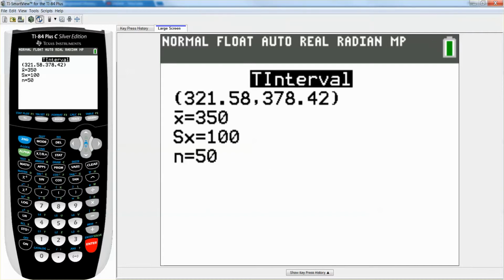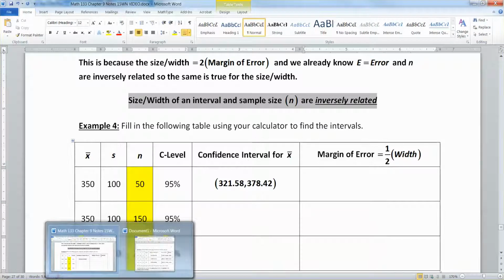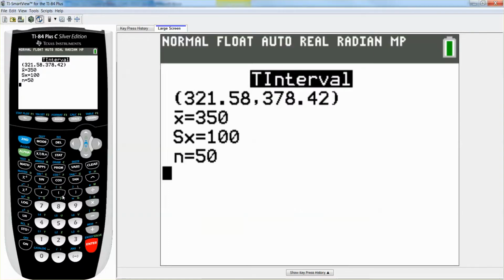And there we have it, 321.58 and 378.42. All right, now to find the error, remember we want half the width. Half the width would mean that I want to take the difference between these two and divide it by 2. So you can write that a couple different ways.